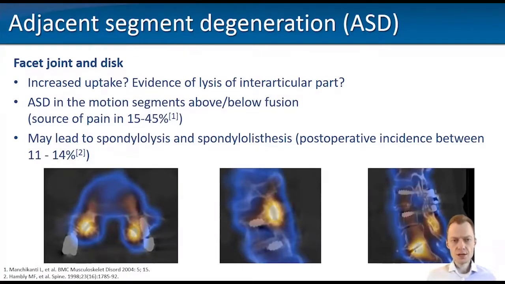So what you see here is the facet joint above a fused segment and the disc level below a fused segment, showing increased uptake on SPECT-CT due to adjacent segment degeneration. So again, the fusion itself is okay, but because the segment was fused, it has resulted in increased wear and tear of the joints above and below these segments.